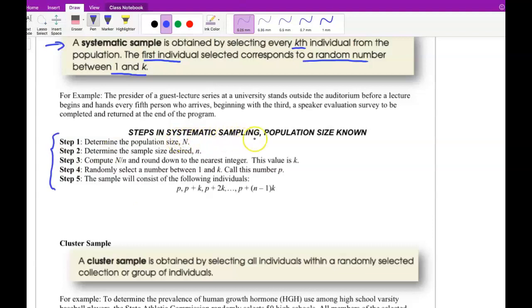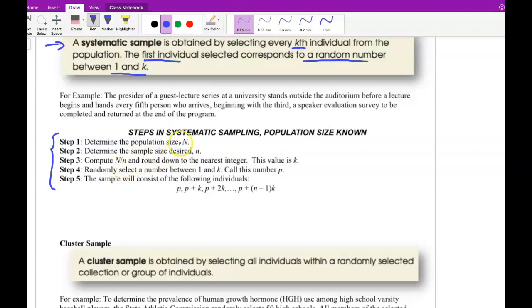Steps in systematic sampling, population size known. The first one is determine the population size. What is our population size? That is shown with N. Determine the sample size n and compute N divided by n.